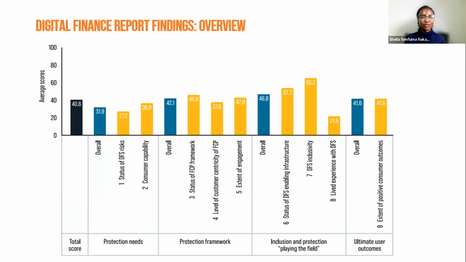Surprisingly, one of the areas that did score quite well was around DFS inclusivity, which scored 65.2. And this was mainly driven by a measure that had to do with access.